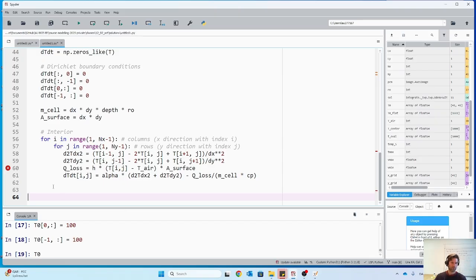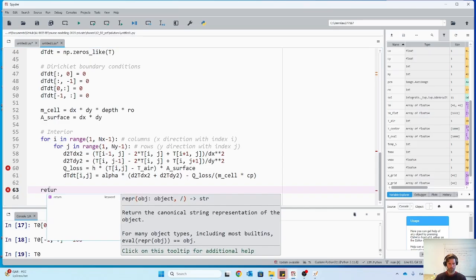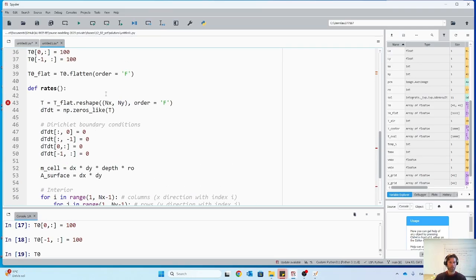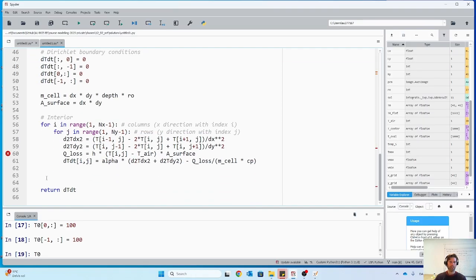So now we have written the whole for loop for the interior loops, and we can now return the derivatives. But we are not quite ready yet, because right now, as it is in the code, we are having a 2D array. Remember, we made it a 2D array up here, and solve IVP needs a 1D array.